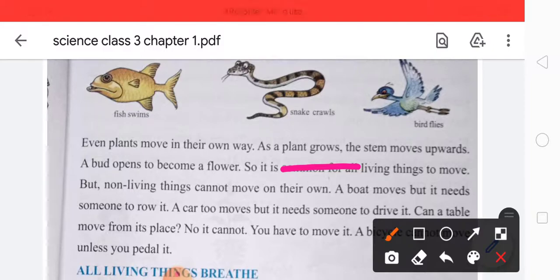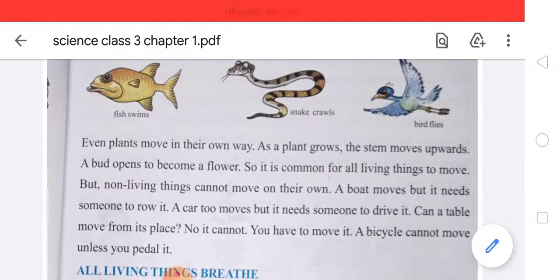As a plant grows, the stem moves upwards. A bud opens to become a flower. So it is common for all living organisms to move, but non-living things cannot move on their own.